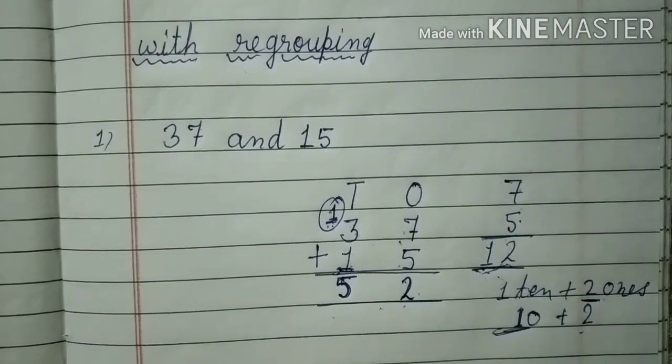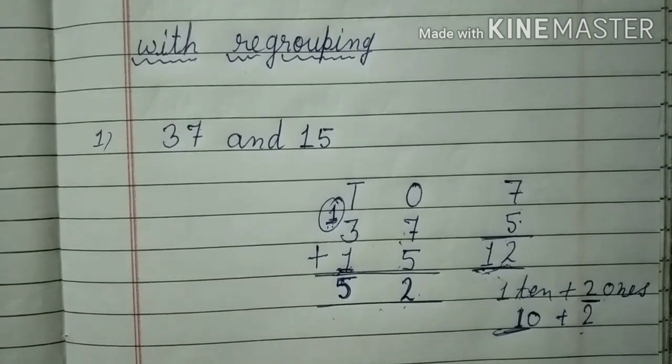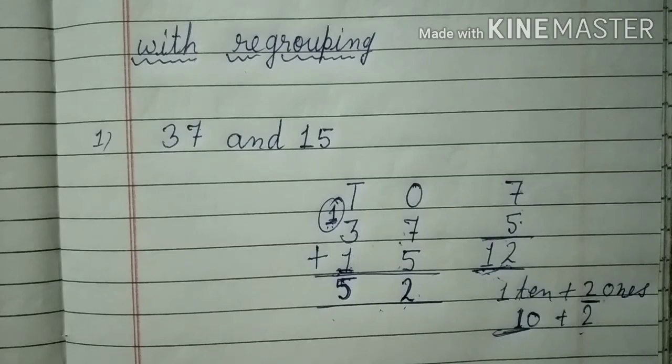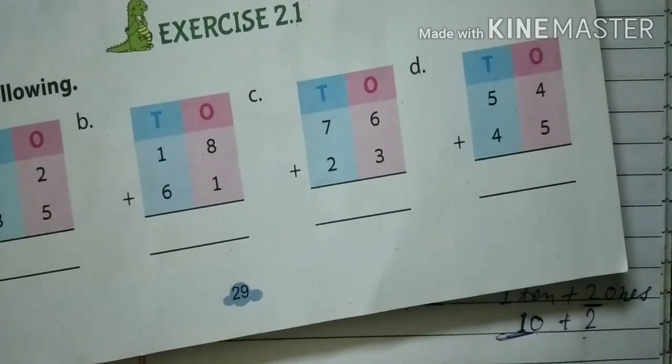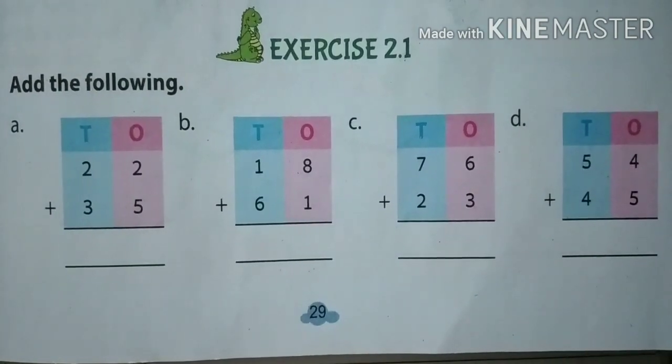Students, I think you understood very well how to add two-digit numbers with regrouping and without regrouping. So do practice. Now it is time for homework. This is your today's homework. It is page number 29 in your maths book, exercise 2.1.